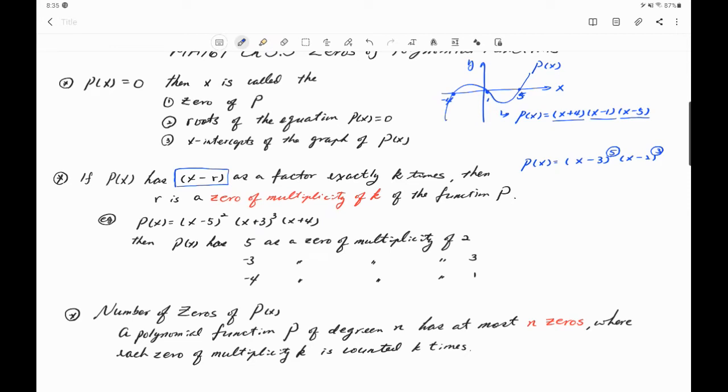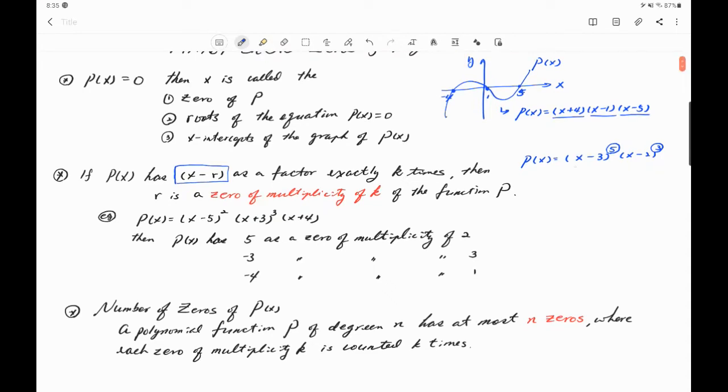Then r is a zero of multiplicity k. So k is the number of times this factor occurs. Can you see it? So in that case, 3 is a zero of multiplicity 5.